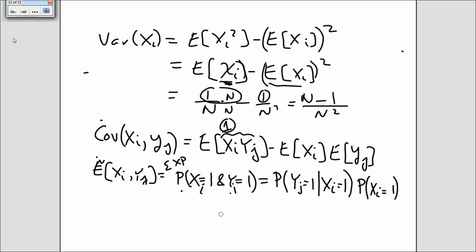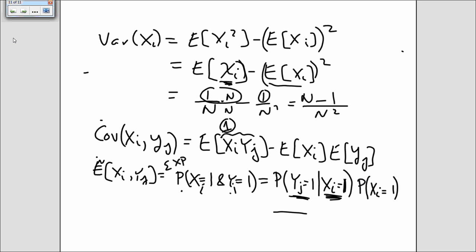Now, given that the ith person picked their own hat, because Xi is 1. Given that the ith person did pick their own hat, what's the probability that the jth person picked their hat?